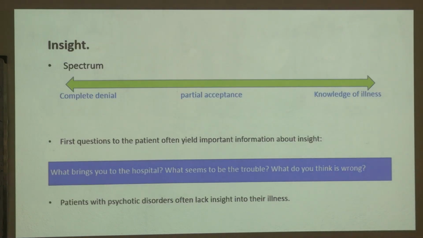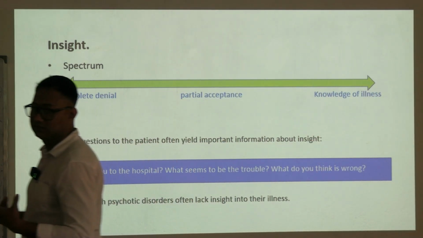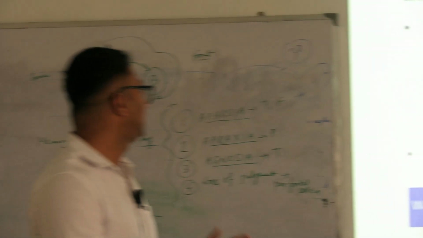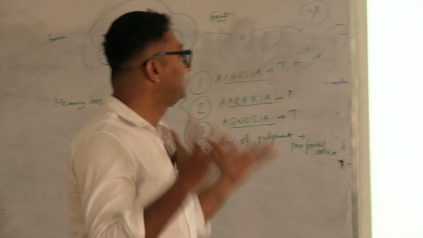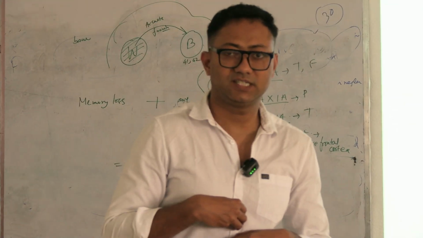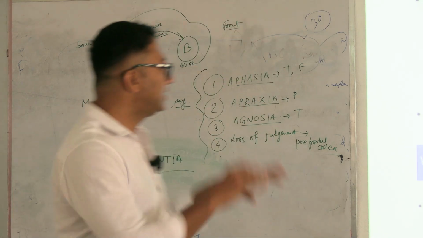Insight, insight means do I know that मुझे ये प्रॉब्लम है। ठीक है, insight means कि पेशेंट को पता है कि नहीं कि मुझे ये प्रॉब्लम है। ठीक है, आई एम सिजोफ्रेनिक, मुझे पता है आई एम सिजोफ्रेनिक। ठीक है, so it is a spectrum.